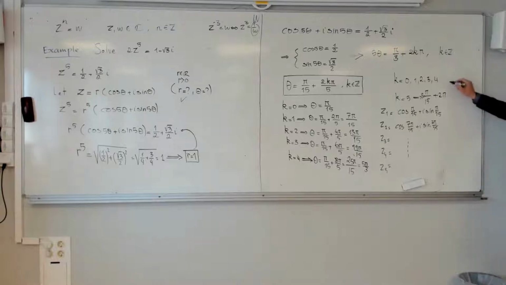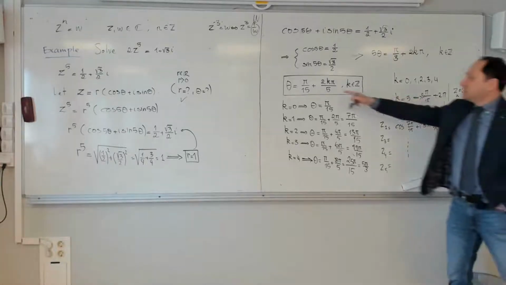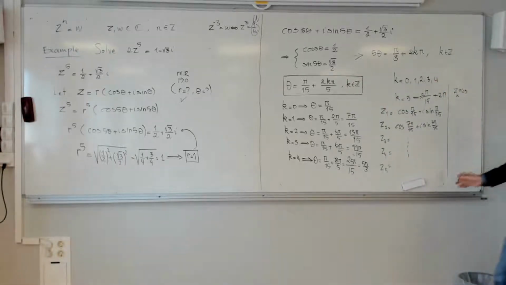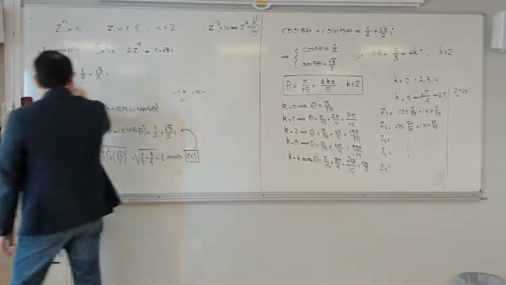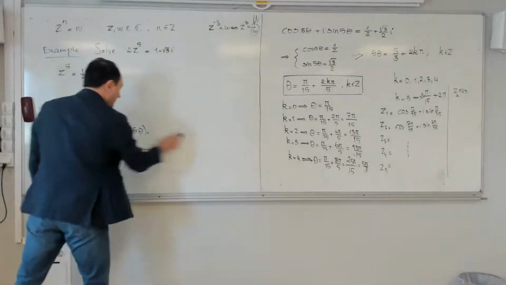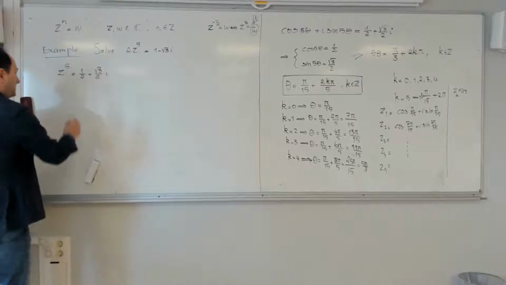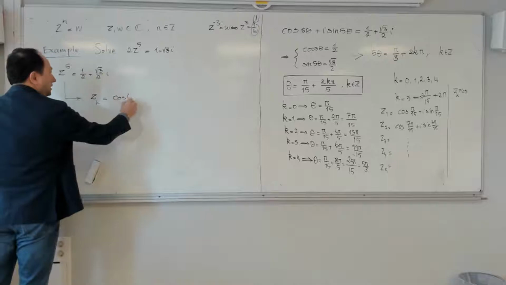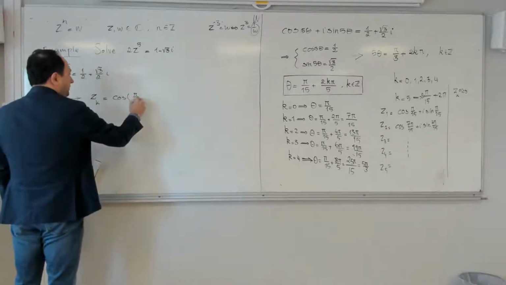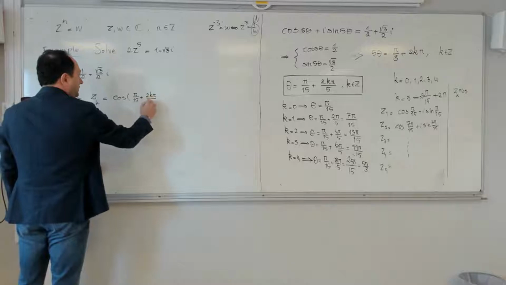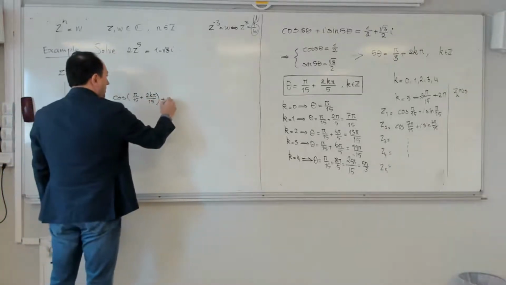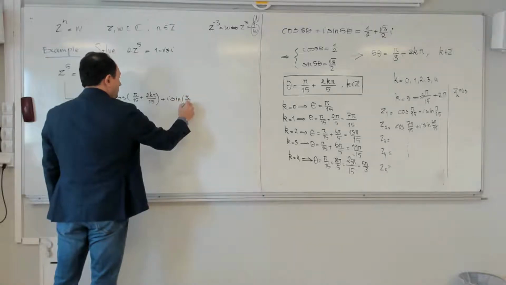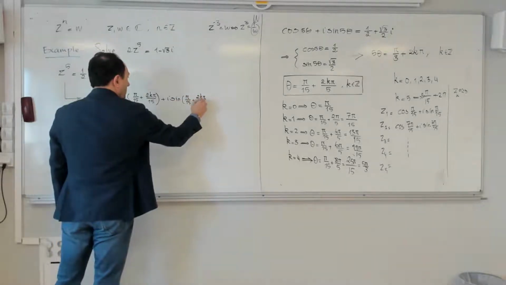But you can also write it in a more compact form. You can write z sub k is equal to the cosine, and then you put this angle inside. So let me write it properly here. If you want to write it in a compact form, if you really don't need all of them in detail, you can say that the answer to this is z sub k is equal to the cosine of pi over 15 plus 2k pi over 15, plus i sine of pi over 15 plus 2k pi over 15.